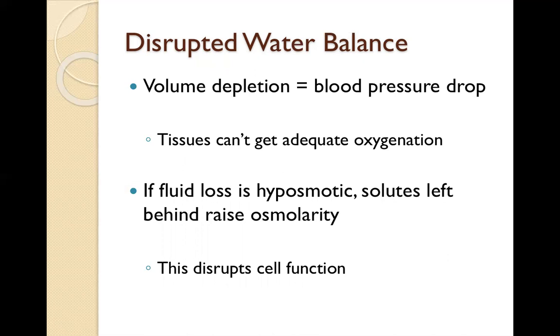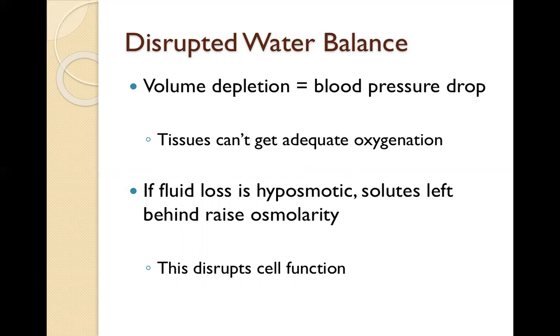There are several ways in which someone can lose water. If the water loss is hypoosmotic, meaning that you're losing more water than you are solutes, there are solutes that are left behind in the fluid that's left, and you can imagine that this would raise the concentration of the solutes in those fluids.